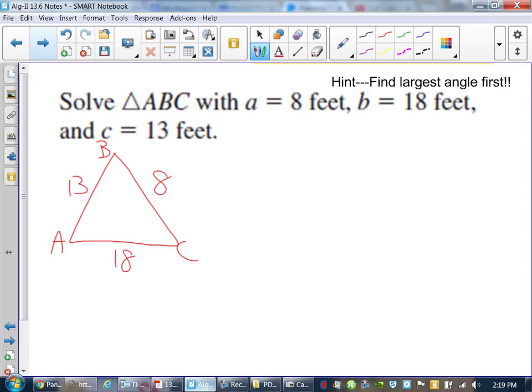So always use this as a general rule: go for the biggest angle with cosines. Which angle do I have to find? B. So I write out my formula: b squared equals a squared plus c squared minus 2ac cosine of B.